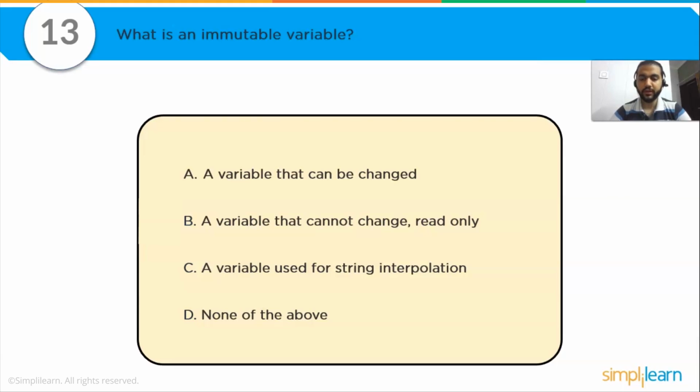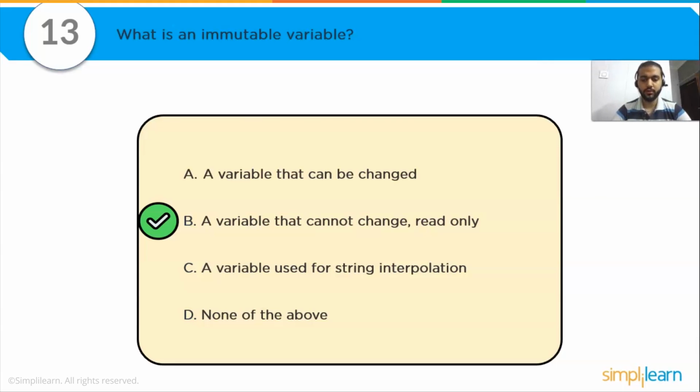We have already talked about immutable variable, and you can pick the correct option. Now I'm going to say the correct option. The correct option is B, a variable that cannot be changed is called immutable variable.